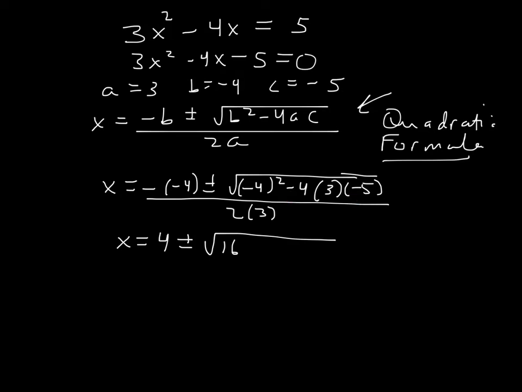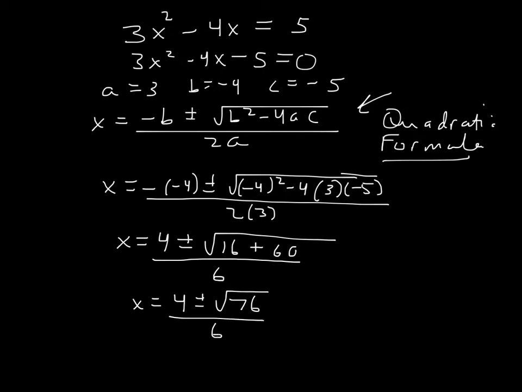So really all we need to do here is go plus, and then just multiply all those numbers together. 4 times 3 is 12, 12 times 5 is 60. And then it's all over 2 times 3, which is 6. Really all we need to do now is go x equals 4 plus or minus square root 76 over 6.